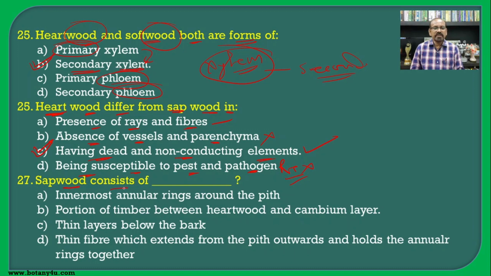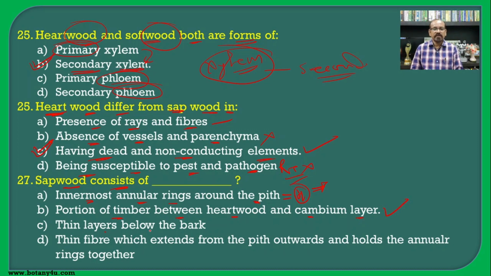Then, sapwood consists of, the innermost annual rings around the pith. Actually this is the hardwood. Then, portion of timber between the hardwood and cambium layer, that is the outer layer of the wood, and hence it is the correct one.